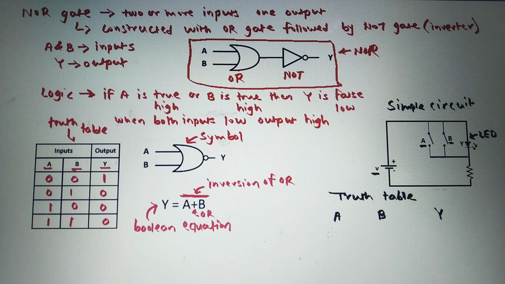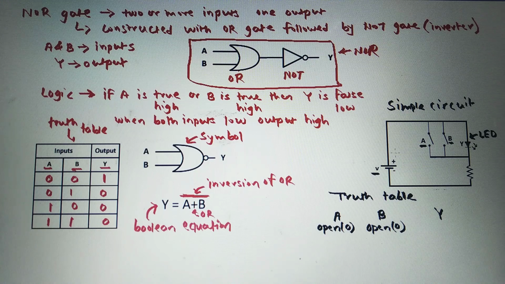Now the first combination is, if switch A is open, that means binary 0, and switch B is open, that means it is binary 0. Now both the switches are open here, so no current flows through these two switches.